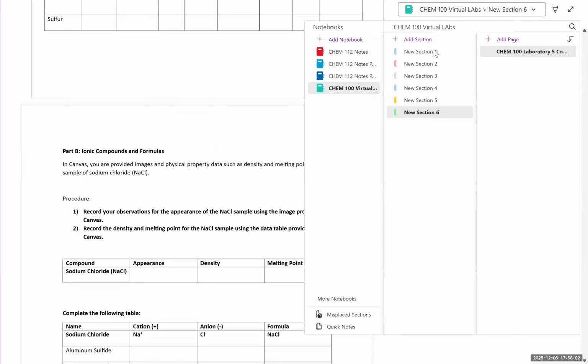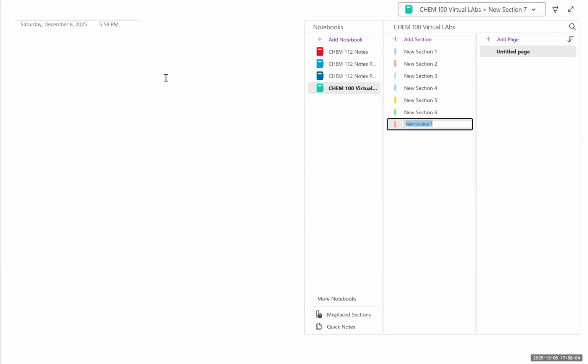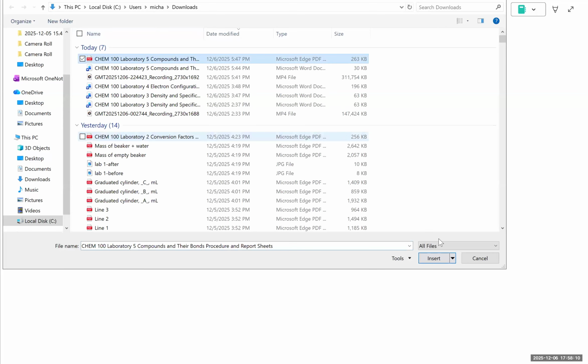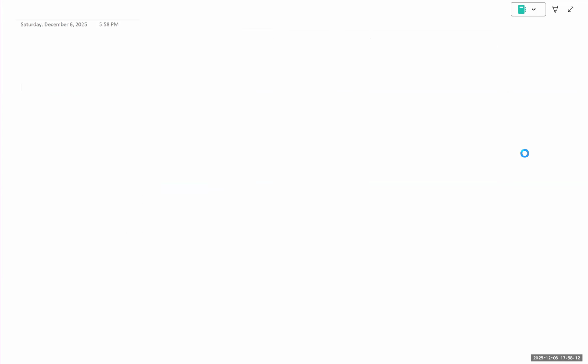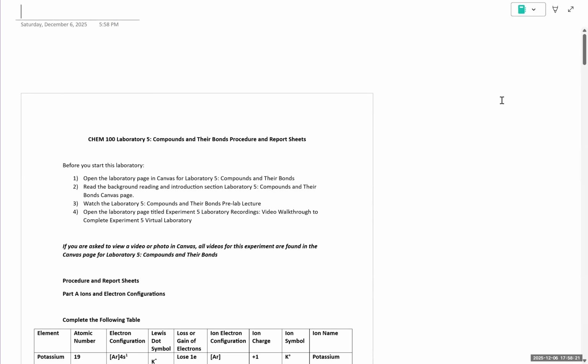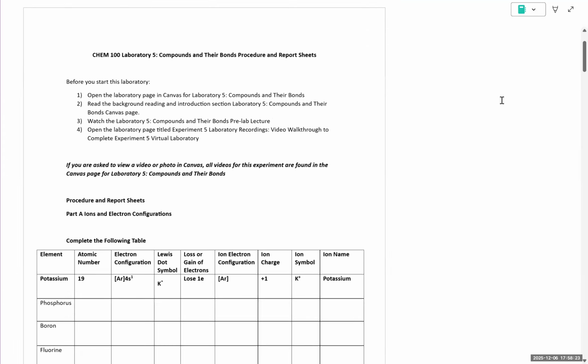So let me import the report sheets into my structure drawing program. Here we go. So here are the full set of report sheets, and we're going to be filling them out and working through this together.